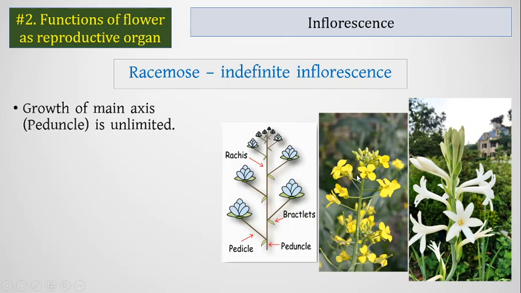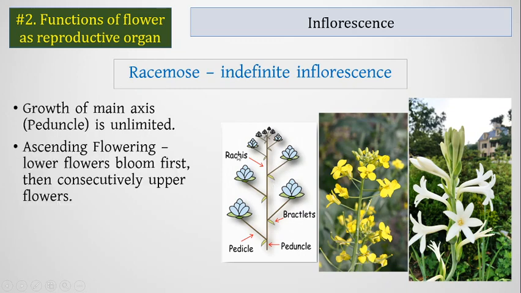That means its growth is not definite. The length of the peduncle or flower stalk may be small, moderate, or large, but it is not defined. And it has a certain style of flower blooming, called ascending flowering.